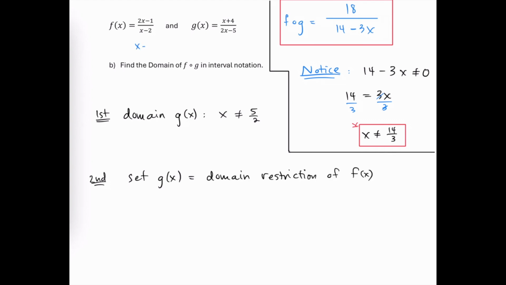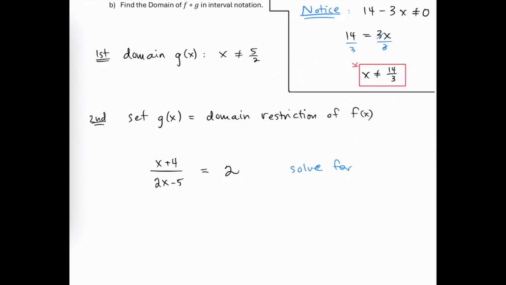The only x value that we're not allowed to plug into f is 2, and so we want to figure out who is the x value that would cause the output of g to be the domain restriction of f, or the value that cannot go into f. We solve for x in this equation, and then that value will be additionally excluded.